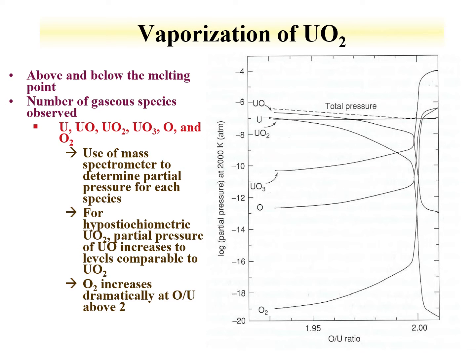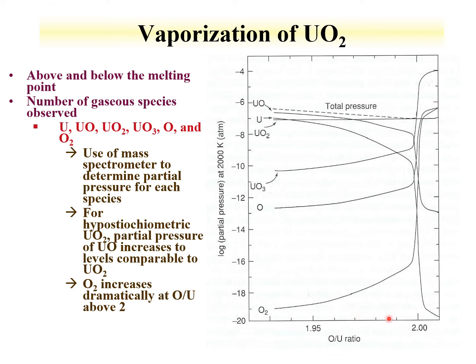Also, through the heating of this material, we can actually vaporize products out of the material. And here's an example of partial pressure of different products from UO2. So the oxygen dioxide, the oxygen itself, UO3, UO2, uranium, and UO, as a function of the oxygen to uranium ratio.